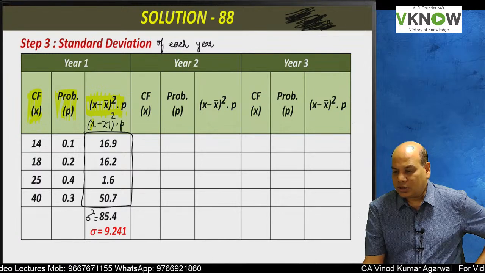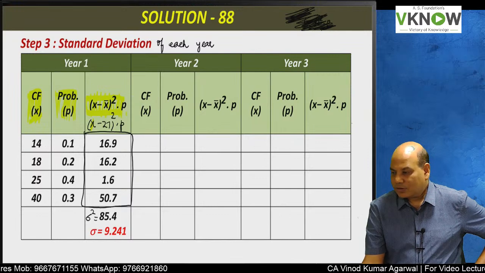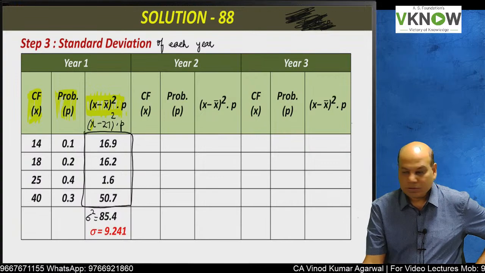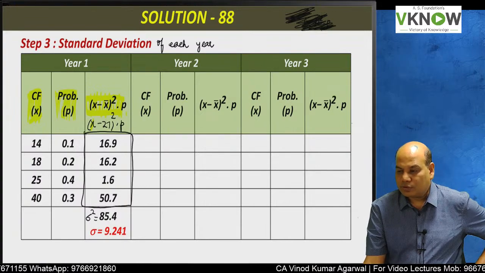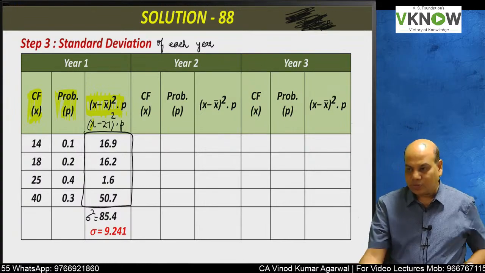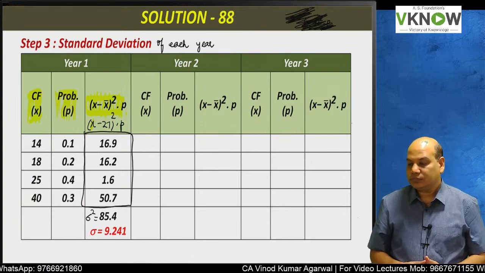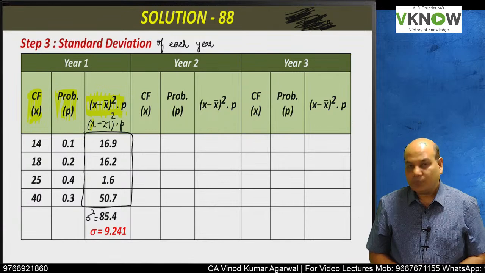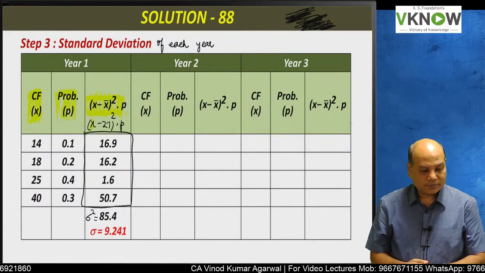Sigma will be the square root of 85.4. On your calculator, take 85.4, press the square root function. You will get 9.241, correct? Now please try year 2 yourself.